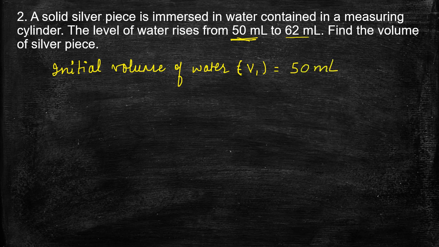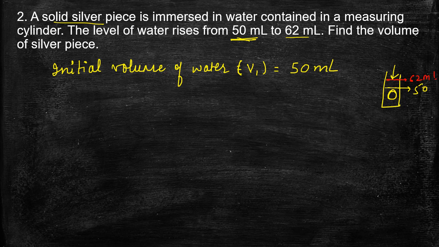After immersing the solid silver piece in it, in the measuring cylinder, the initial volume was 50 milliliter, and a solid silver piece is immersed in this measuring cylinder. Then the level of water rises and it reaches up to 62 milliliter.